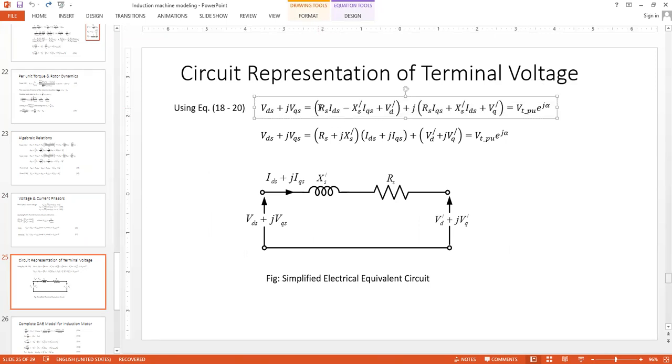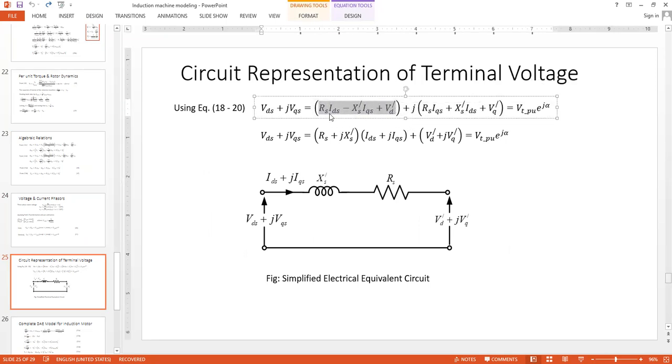This term is nothing but your VDS taken from equation 18 plus J VQS taken from equation 19. And the whole thing equals Vt e to the power J alpha taken from equation 20. Thus we are actually using all three equations. And then we can group the variables like Rs plus J Xs dash.